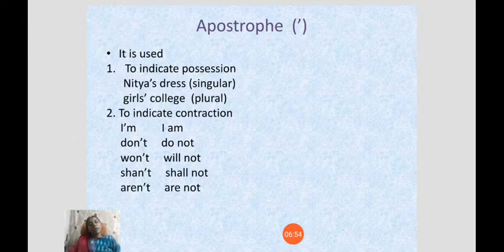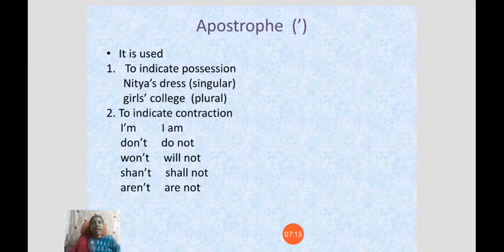You can make some more examples with the helping verbs like hasn't, which I have not given here, H-A-S-N apostrophe T. Hasn't, isn't, weren't, wasn't, all the helping verbs. Wasn't and hadn't, like this.